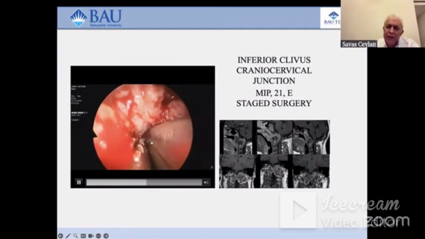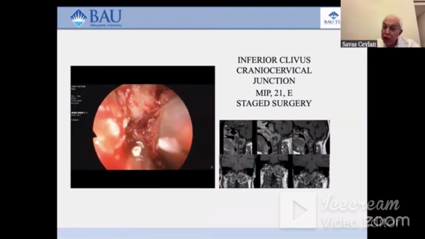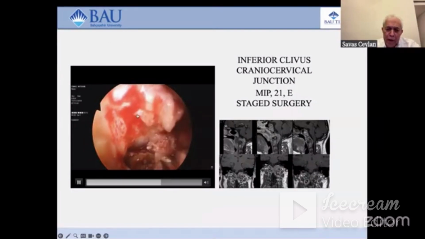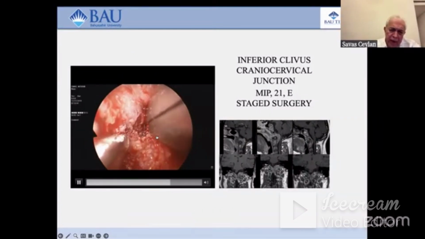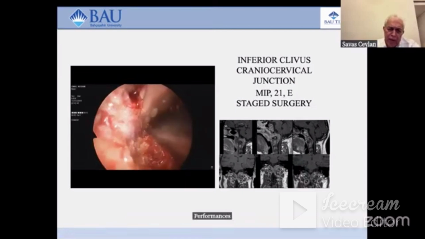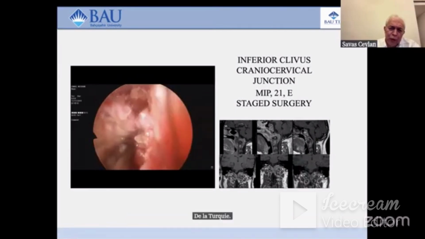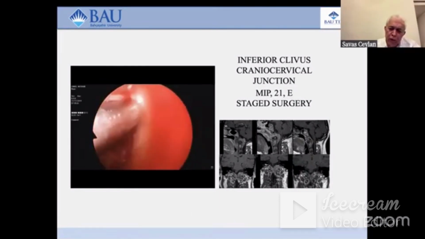In this case, we performed medial condylectomy to reach the laterally extending tumor. We removed the medial condyle, and then we explored the laterally extending tumor, and this tumor was removed.